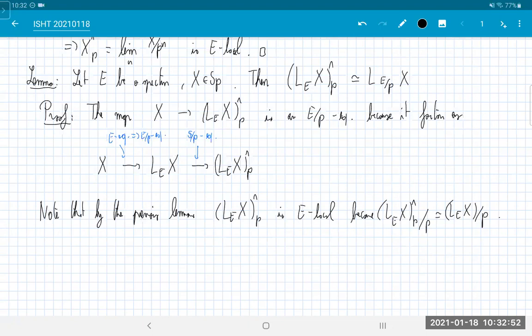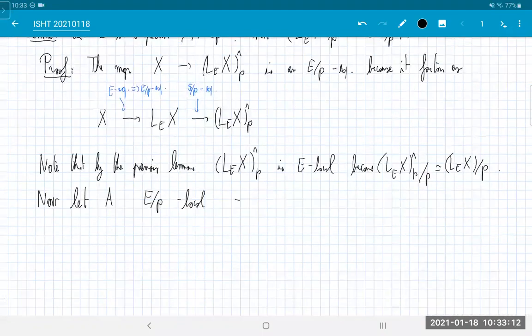So, okay. So now let A be E mod P local. This means exactly that E tensor A mod P is 0.